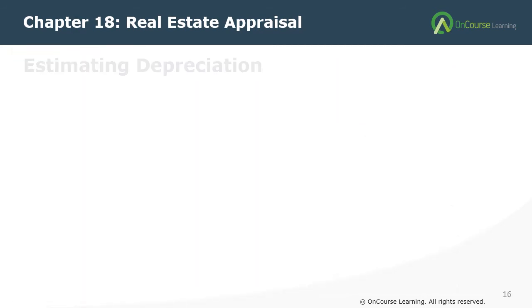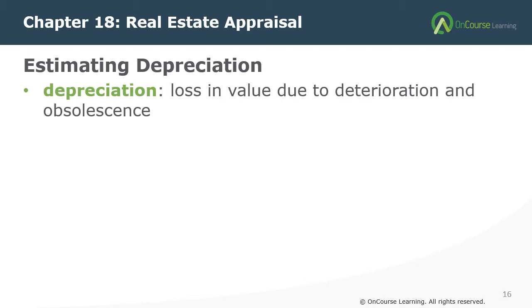And then we have to subtract out this idea of depreciation, accrued depreciation. This is not tax depreciation. In the context of the cost approach to value, depreciation means a loss in value. And there are three different types of accrued depreciation. There's physical deterioration. This is wear and tear.